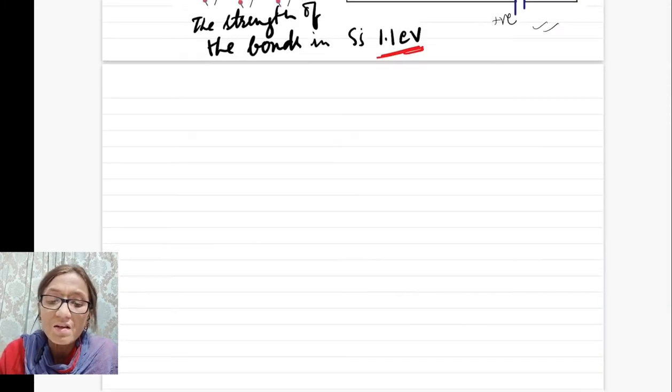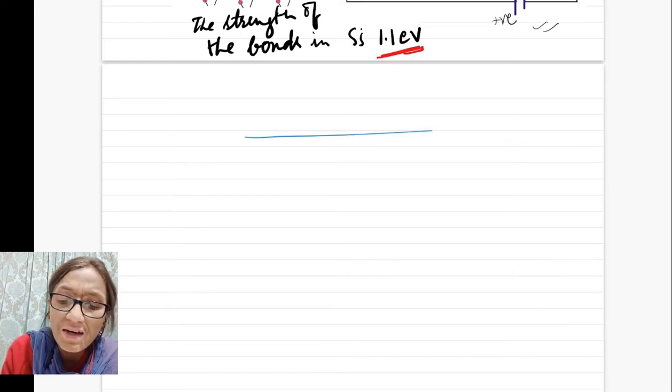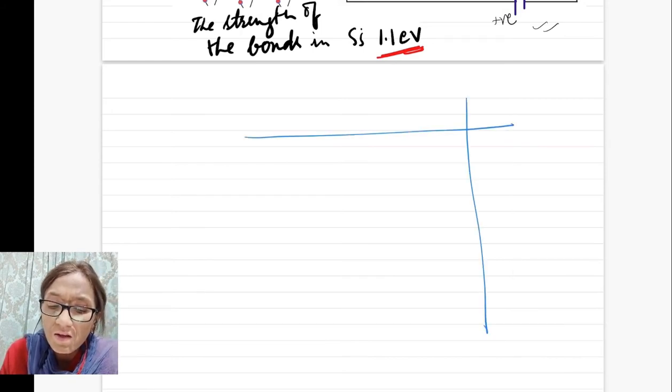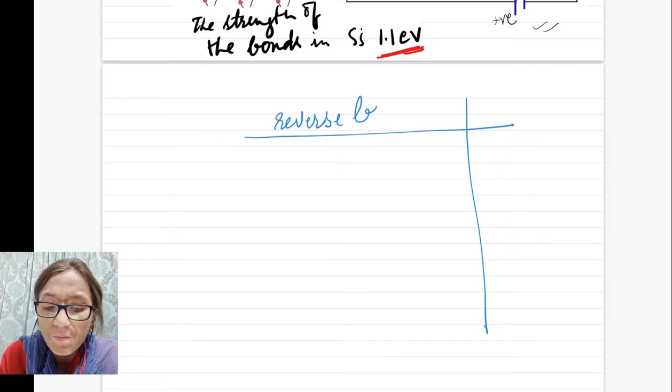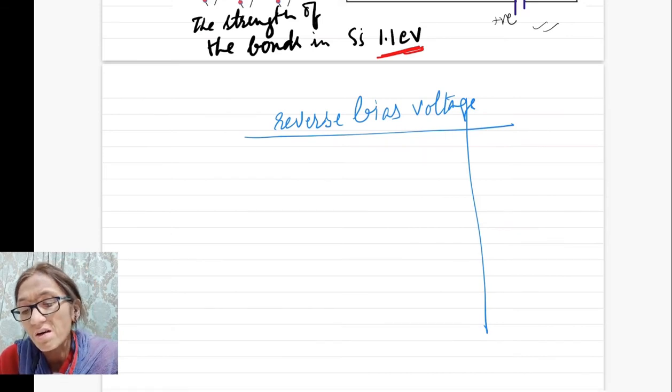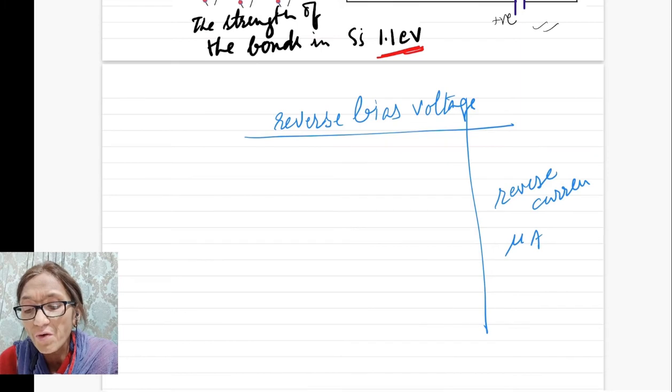So let me show you. Here we have a diagram of reverse voltage. And here you have drift current, or you can say reverse current. And this is of the order of microampere.